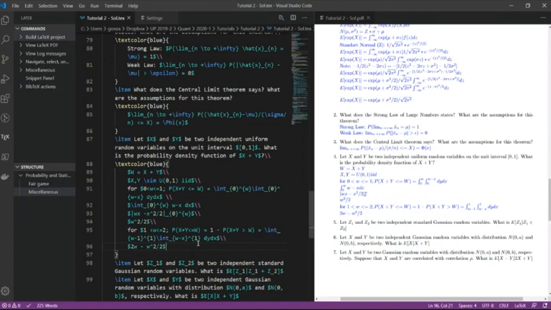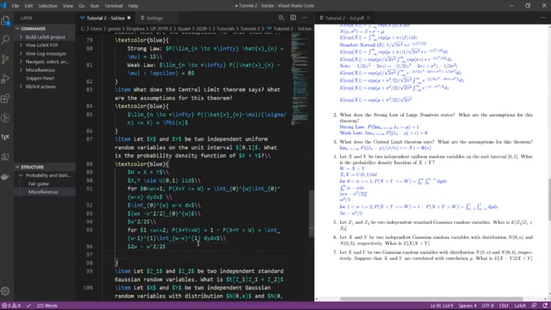So if we put this together, then also remember, this is for 0 to 1, for 1 to 2.